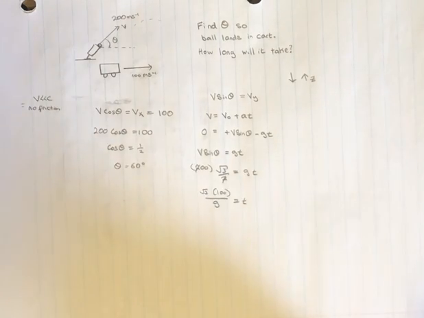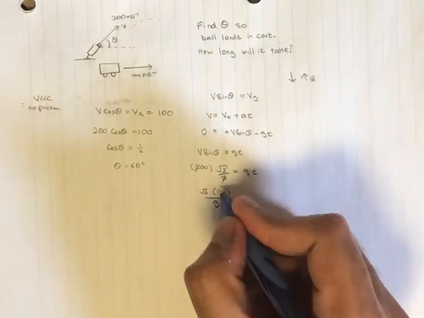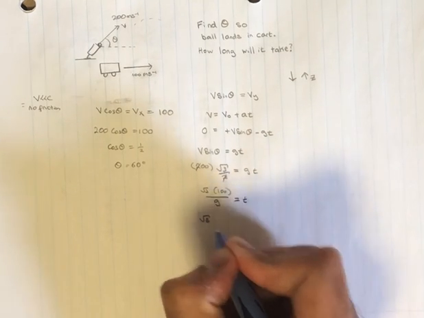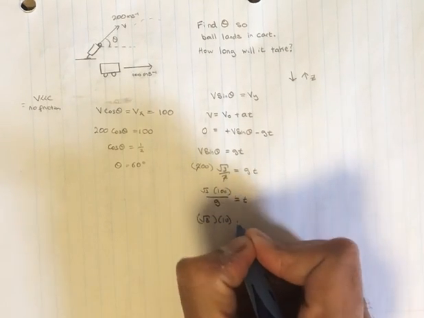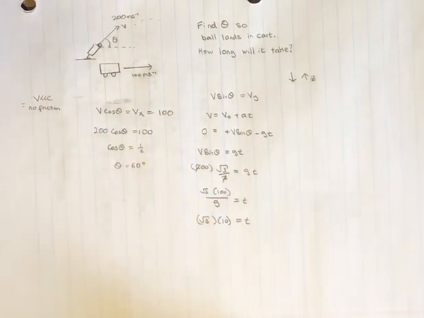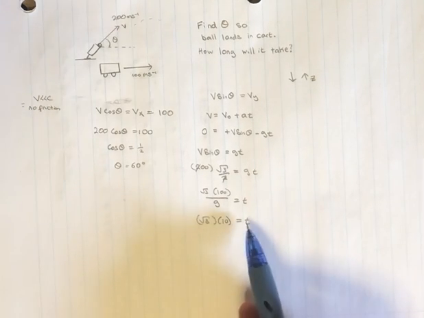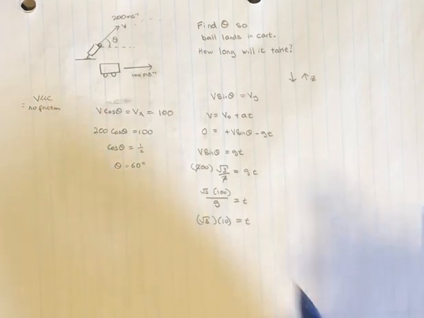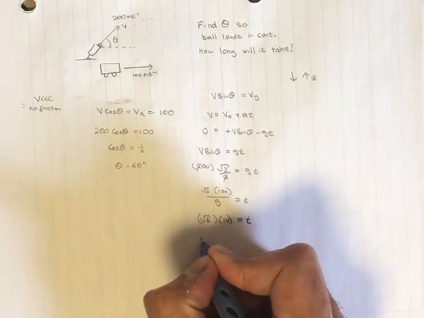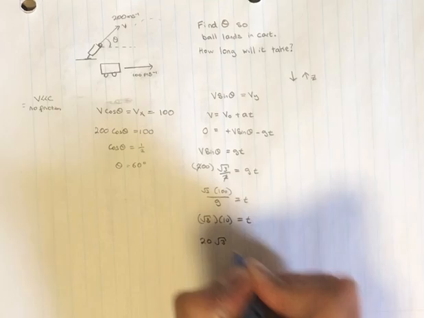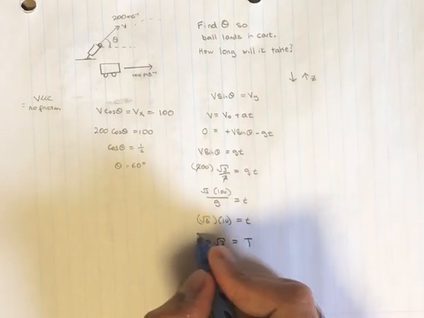We take g to be approximately equal to 10 since we do not have a calculator for this question. So we get root 3 times 10 is equal to the time to go to the top. So to compute the time to go to the bottom, we just multiply this by 2, since the time to the top and the bottom is the same. So therefore we get 20 root 3 is the total time.